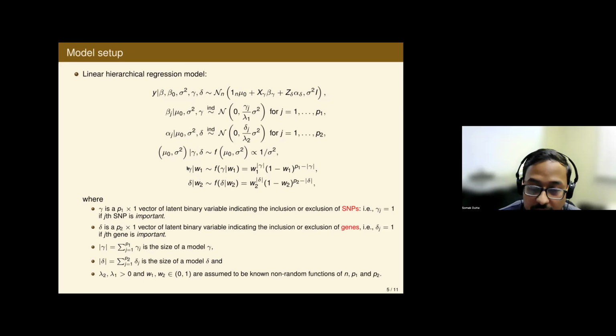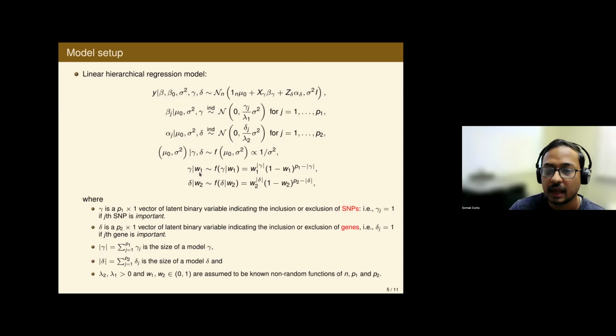A priori, for gamma and delta, we assume that these are IID Bernoulli random variables. That is, before seeing the data, based on our scientific understanding and experience, we think that maybe w1 proportion, let's say 0.1%, of the SNPs should be important.